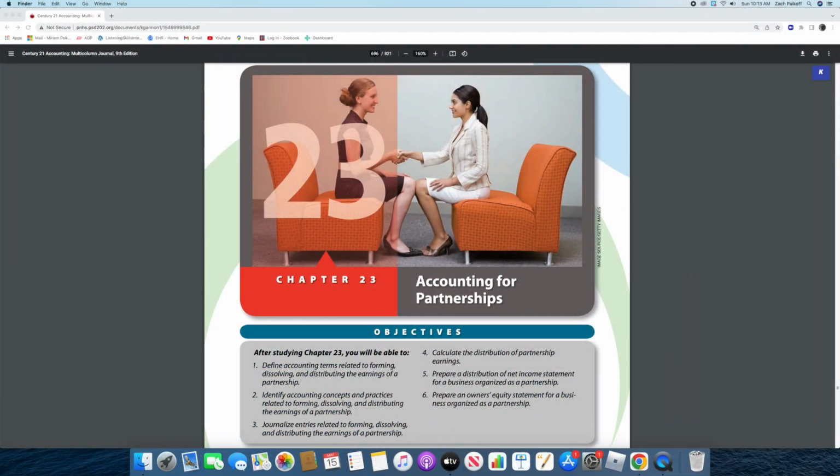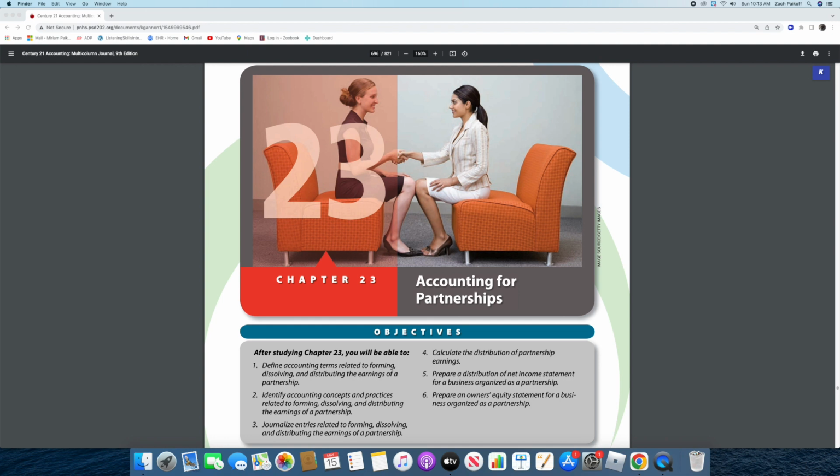Okay, so as I had stated before, I'm going to be going over the 23-1 text. We're starting our new chapter today, and in this chapter, we will be learning about how to account for partnerships.